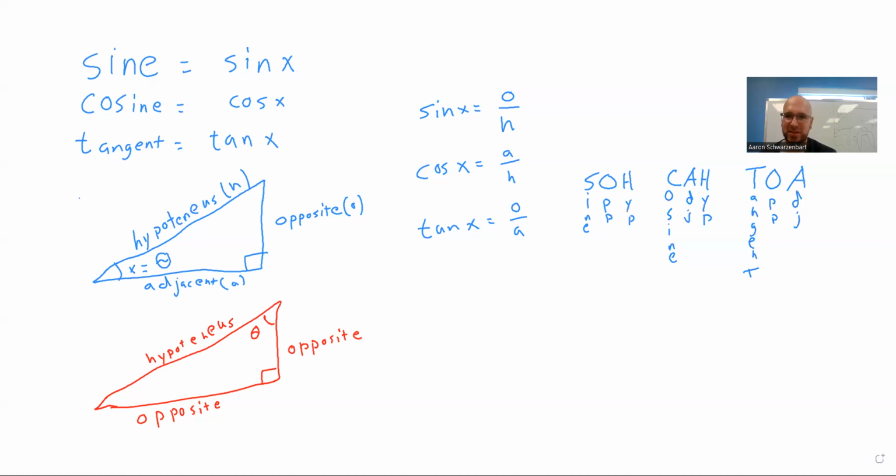Okay. So I'm going to give you some triangles and we're going to write the ratios. I can only write trig ratios if it's a right triangle. So in this case, sine of theta, the side opposite theta is 3 over 5.